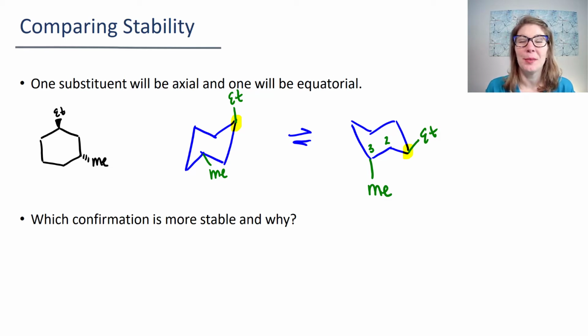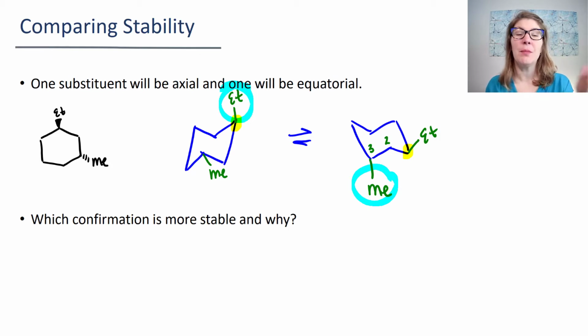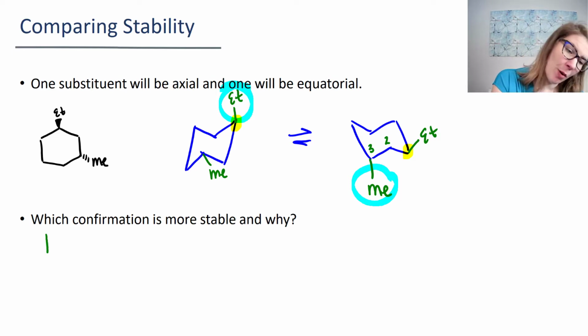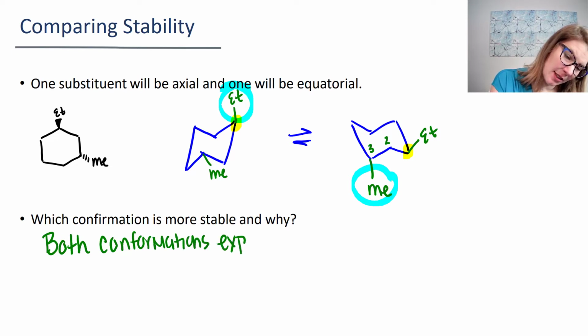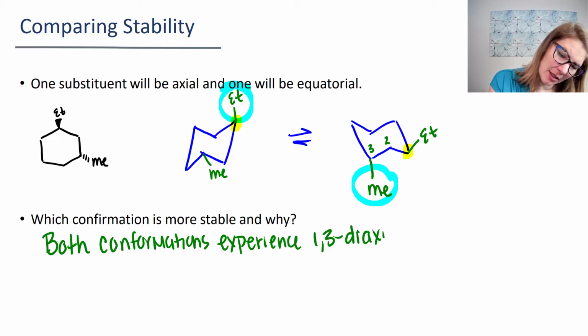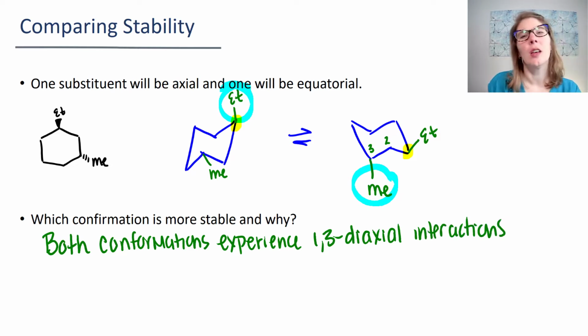Now, which one's more stable? And this gets a little bit trickier because in both situations, you have a substituent that is axial. So both conformations experience 1,3 diaxial interactions. The question becomes, which one experiences less?